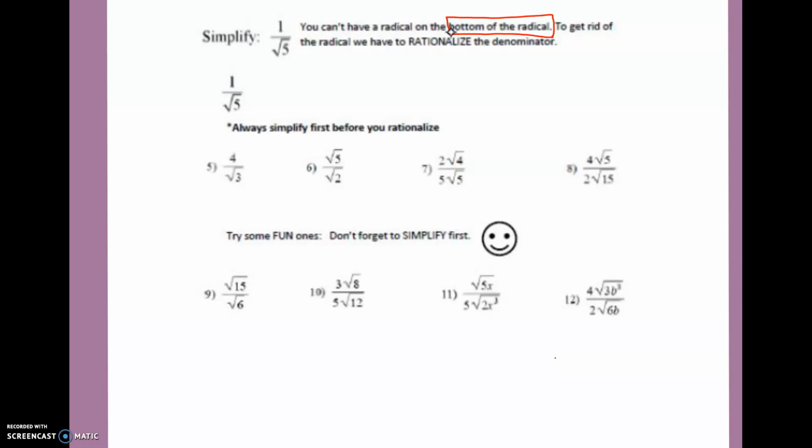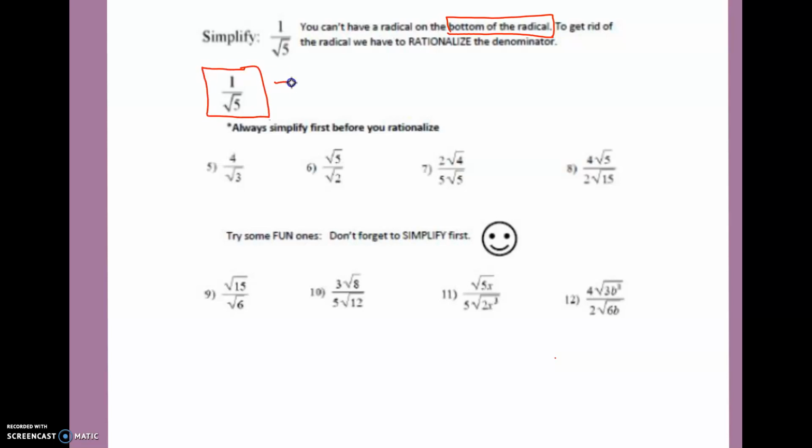So you'll notice on this example here, I cannot get rid of the radical 5. Now remember, let's go back to the previous video. You're always going to try to simplify it first, okay? So let's say we had a problem, and we got down to 1 over radical 5.